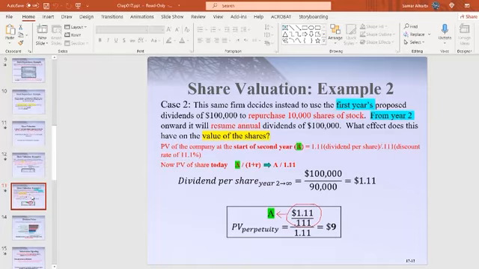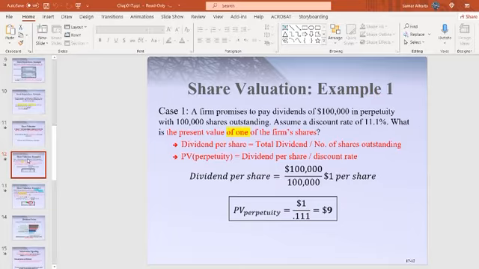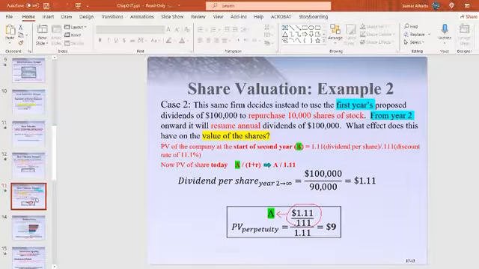So now they want to distribute $100,000 among how many shares? Only 90,000 shares, because they bought the other 10,000, right? Here you will receive $1.11 in dividends. Exactly similar to this one. This was 100,000 divided by 100,000 shares. Now we have fewer shares, 90,000.